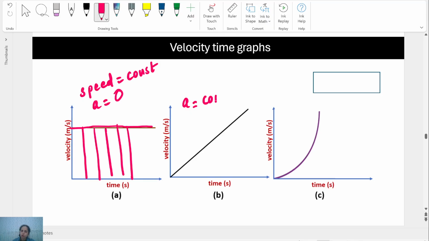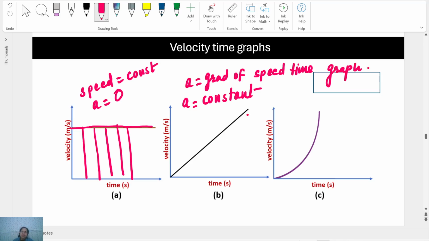So that means acceleration is constant. And how do you get acceleration? Acceleration is the gradient of the speed time graph. You can just see this. If I make a triangle here, the gradient is change in y over change in x.